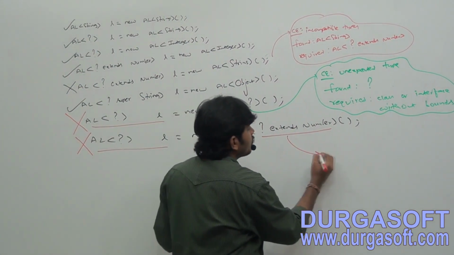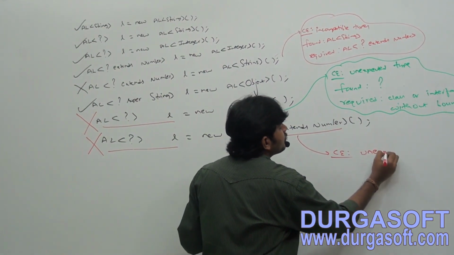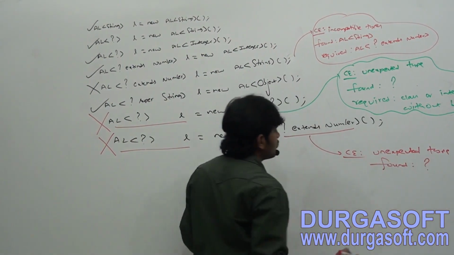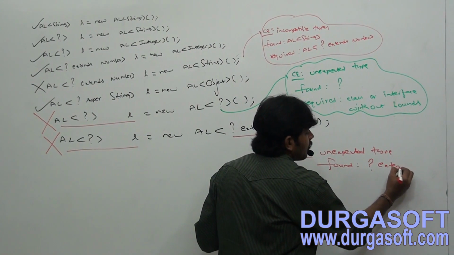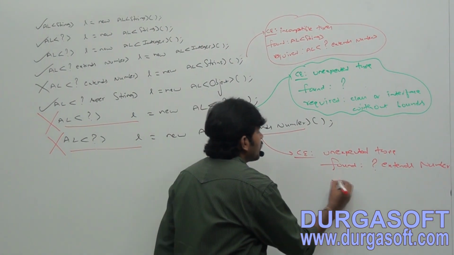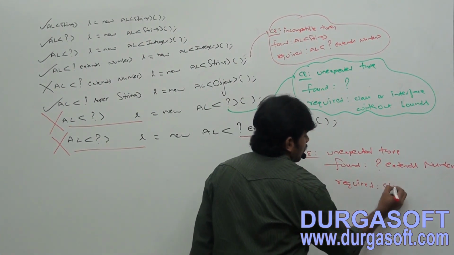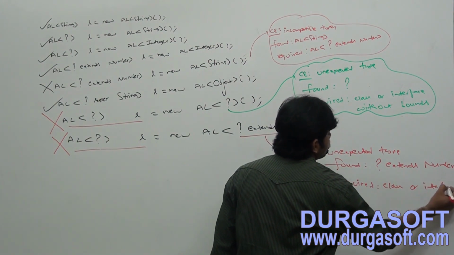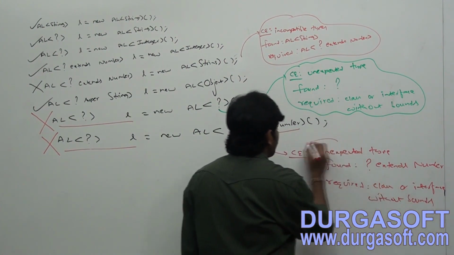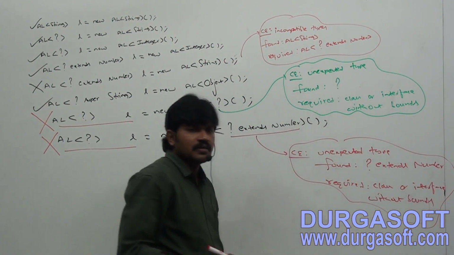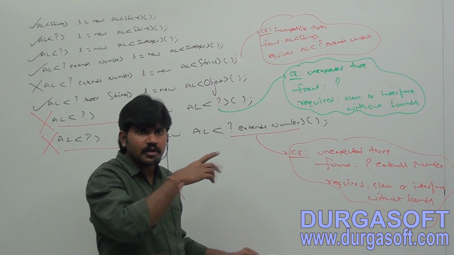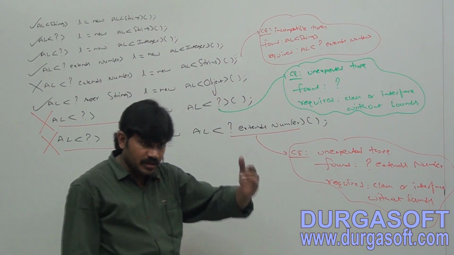The error we are getting is: unexpected type, found: ? extends Number, required: class or interface without bounds, meaning without any boundary. Is any explanation required about this? Make sure you people have clear clarity at this point.